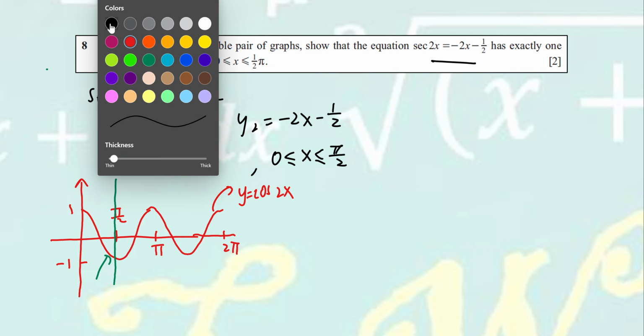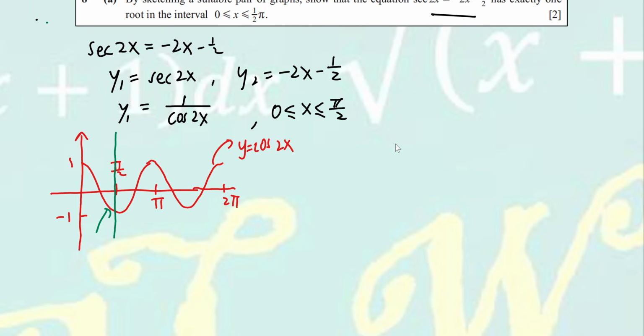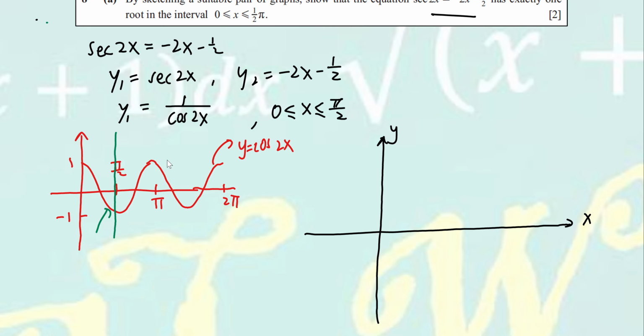So for sec 2x, okay, what I need to do now is for sec 2x from 0 to half pi. So look at here, when x goes to 0, 1 over 1 is going to be 1. Okay, for my sec 2x. And then at this point, which is pi over 4, it is 0 for the cos. So 1 over 0 is infinity. So when it is pi over 4, it tends to infinity.